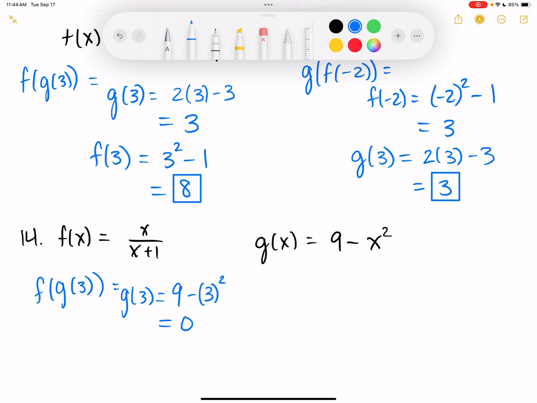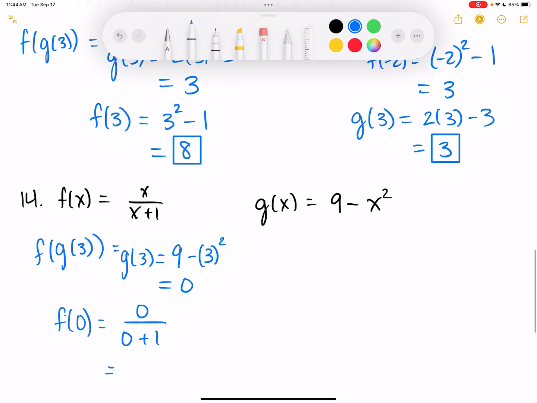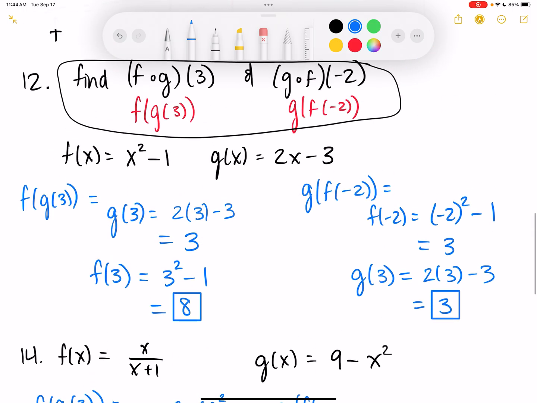And then f of 0, I get 0 over 0 plus 1, which is 0.